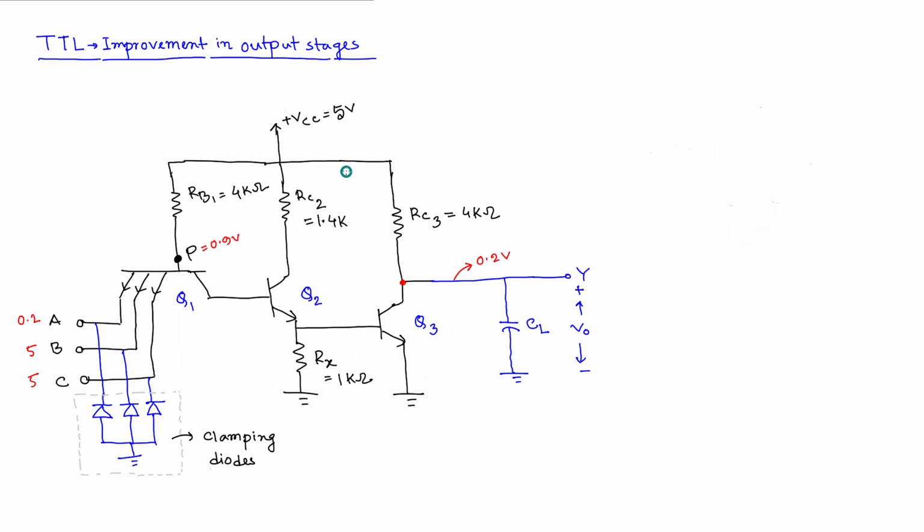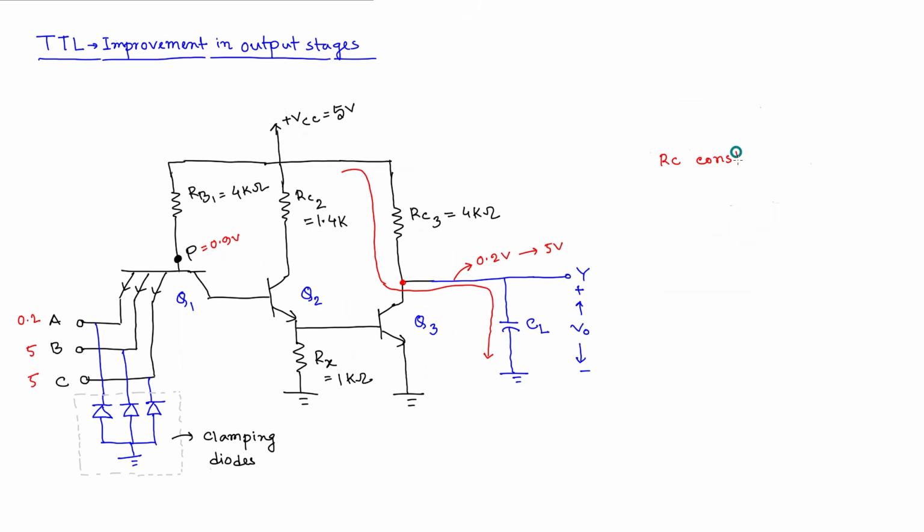Current will flow through this path to this capacitor to charge it up and make this voltage go from 0.2 to 5 volt. But the time it will take for that to happen is governed by this capacitance and this resistance. And we actually multiply these two, which is called the RC constant. Okay.